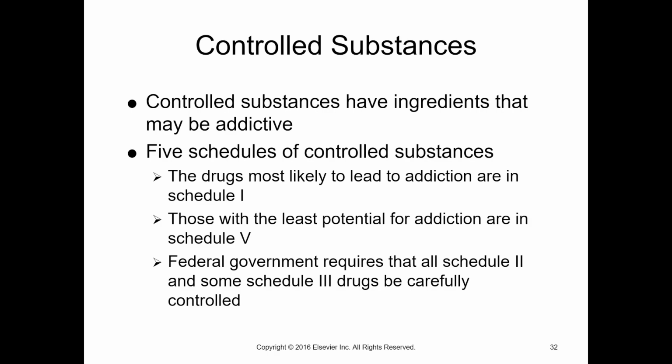So controlled substances. Controlled substances in general, this is controlled by the DEA. We have what's called schedules. There's 5 different schedules. Schedule 1 are your most likely to be abused, and Schedule 5s are your least potential for abuse and addiction.